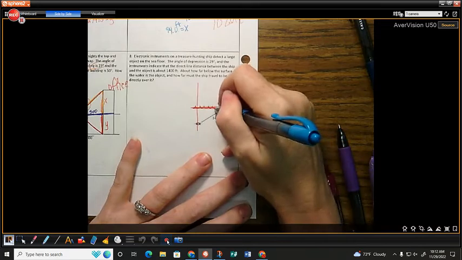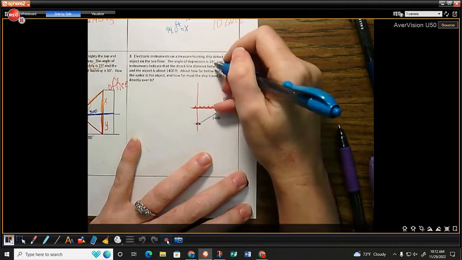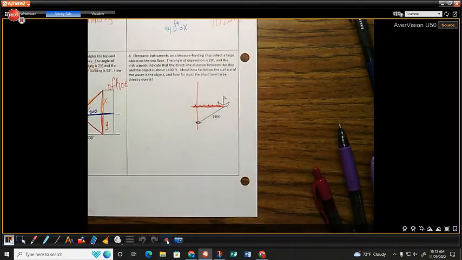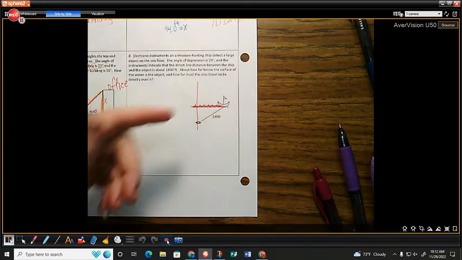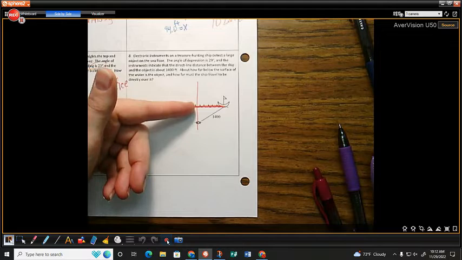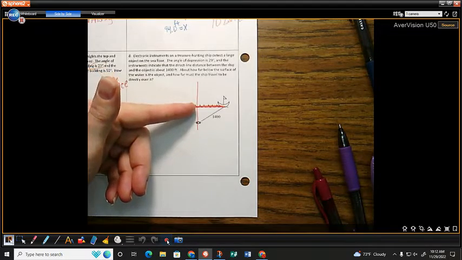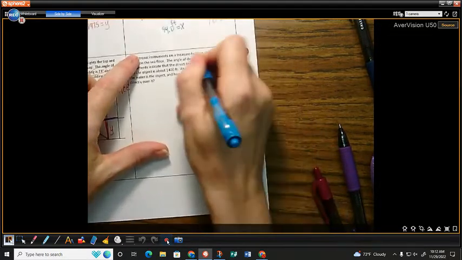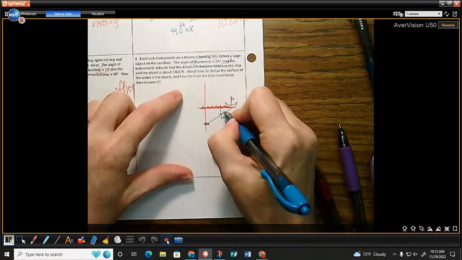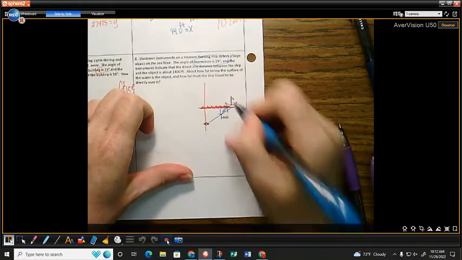So for this one, you've got an angle of depression. What do you need to write an angle of depression? Horizontal. Do we have the horizontal? Yes, the water is your horizontal. And then we're going to depression, that means look down at a 29-degree angle.